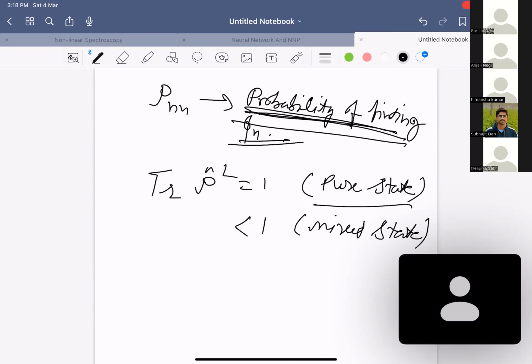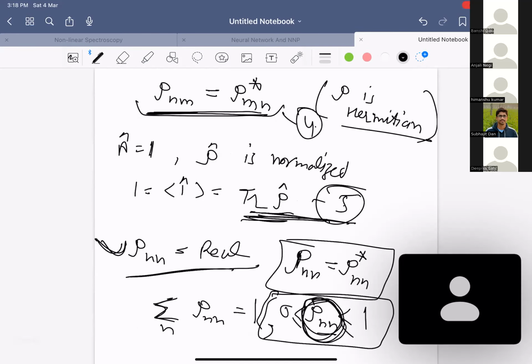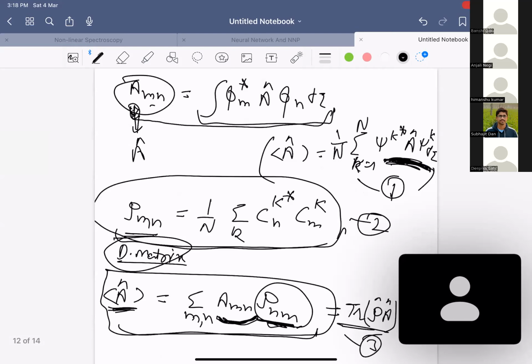For a pure state, rho square is actually just rho. And one more thing to restate here: this operator is now averaging over two different properties, two different observables. One is the density matrix and another one is the operator.